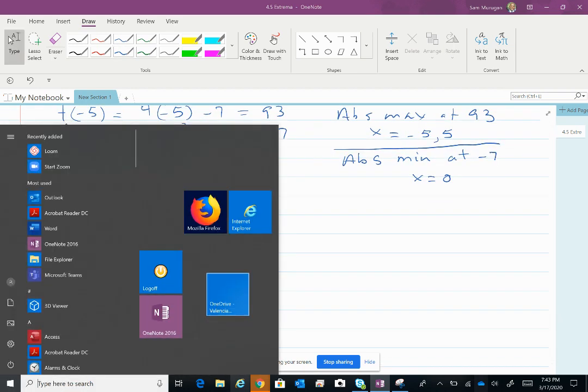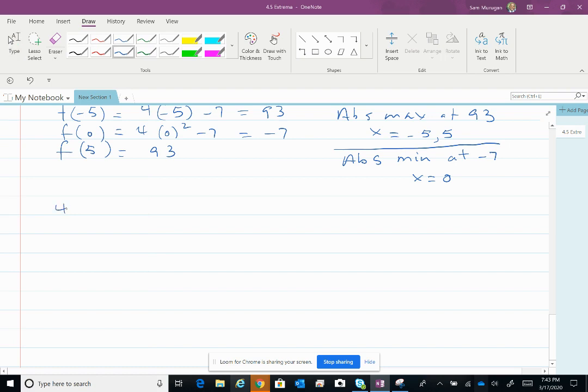I'm doing question 4 from your homework. This is f of x, also a quadratic function, x squared minus 4x minus 5, on the interval 0 to 5. It's a polynomial, so continuous.